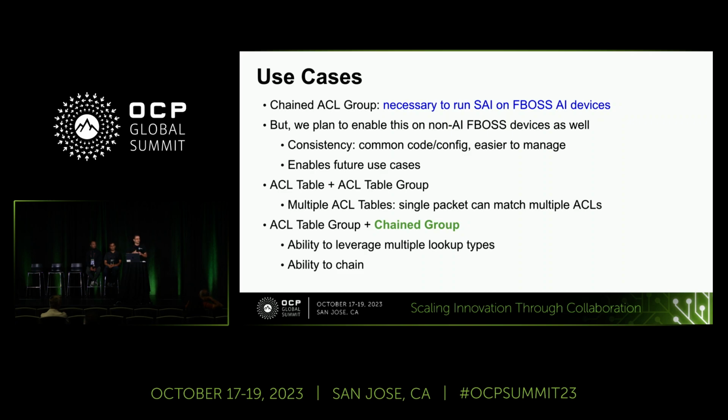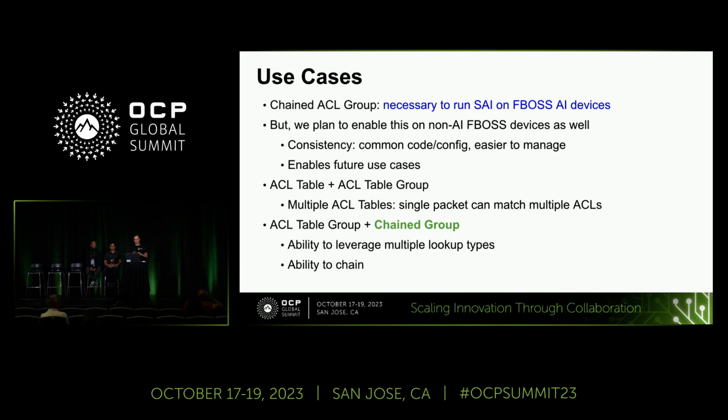There are a couple of reasons why we want to enable this feature even on the fleet of devices where we do not need AI support. One is, of course, consistency, because it's easier to manage as against spreading if-elses across the code. Consistent config, have chain groups everywhere. And the other is enabling future use cases. For our immediate use case, we don't have a use case for chaining.